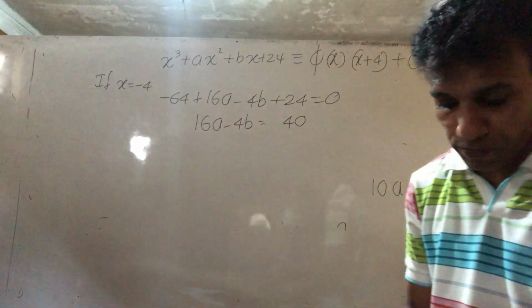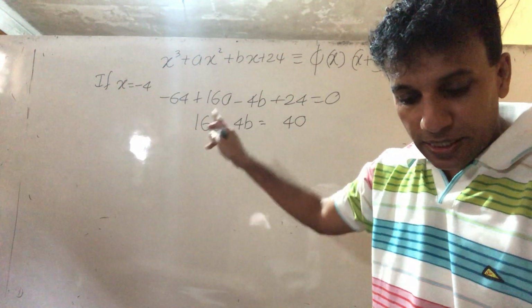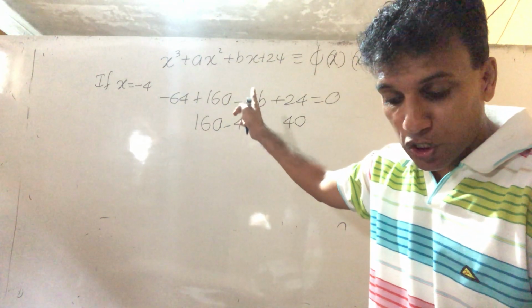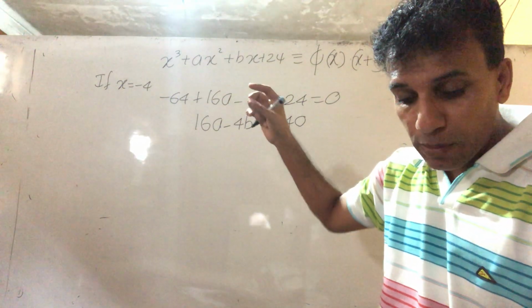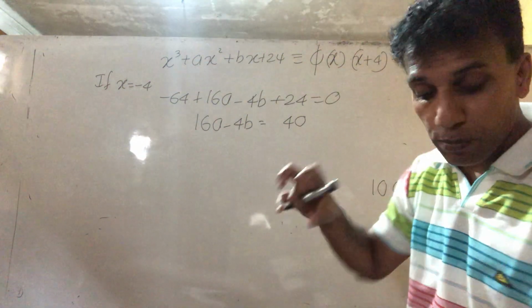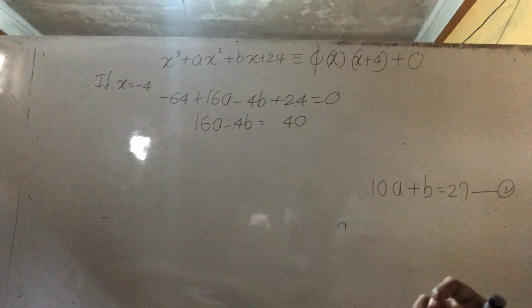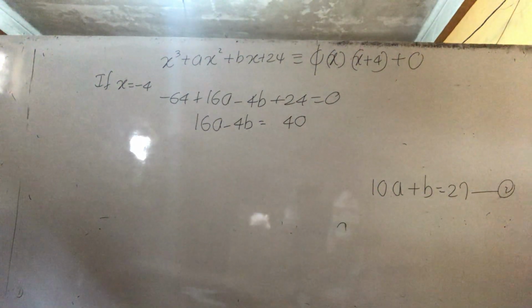We'll see next also. But the other one, this question number 19, this expression, when you divide by x minus 2, the remainder is 36.